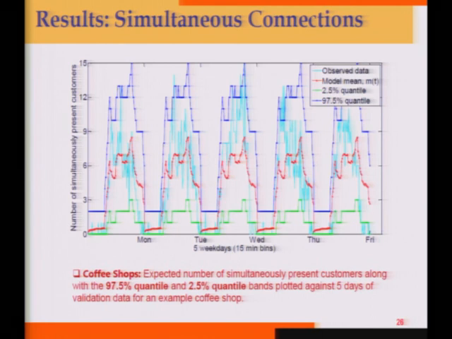As before, we do the quantile plots for the 97.5 and 2.5 percentiles, and we show that it falls within the statistical bounds. So this is useful for doing capacity planning in the network.